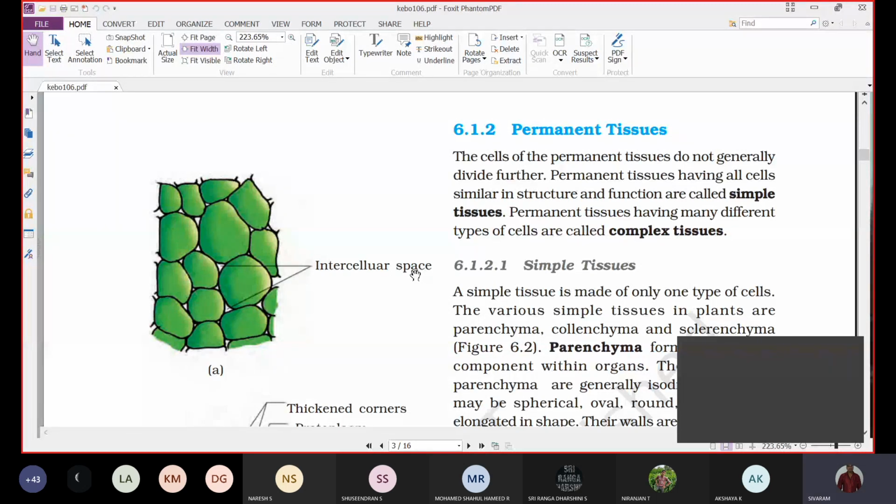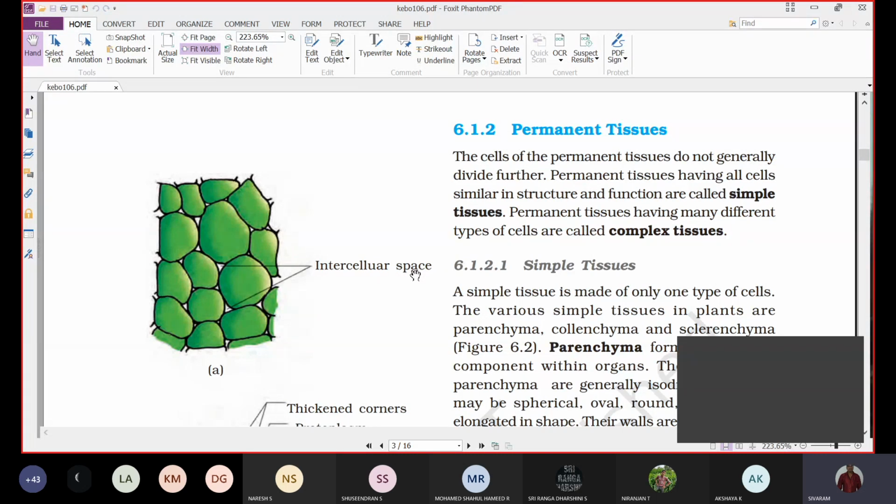And next, when you observe these permanent tissues, the permanent tissues are again primarily divided into two types: simple permanent tissue, and the second one is complex permanent tissue.